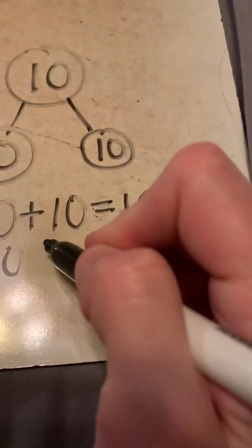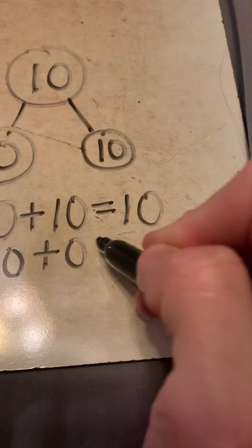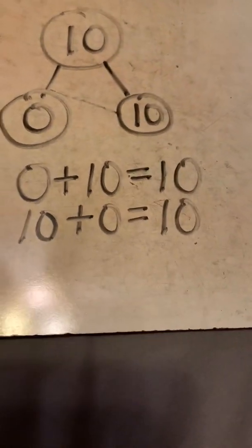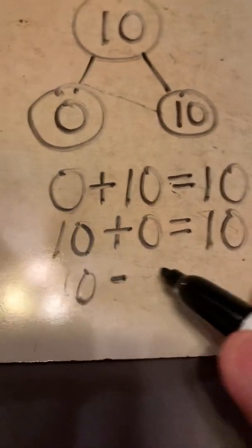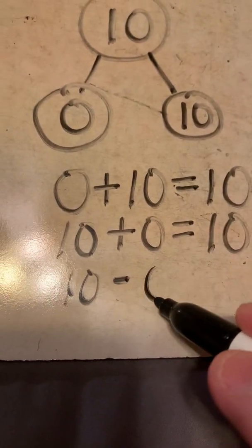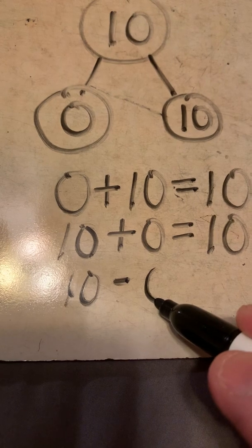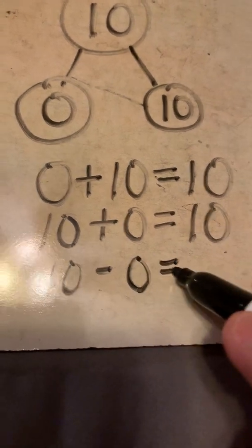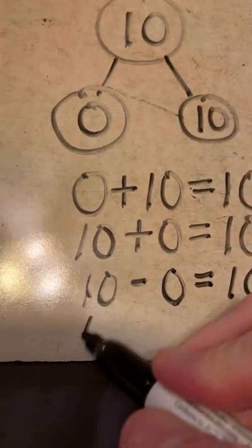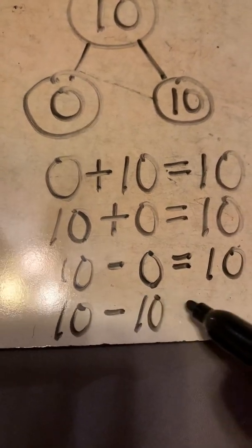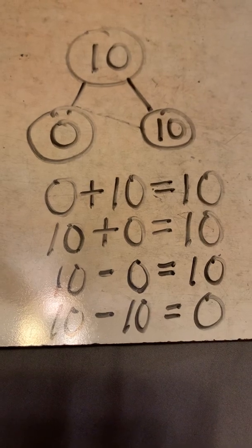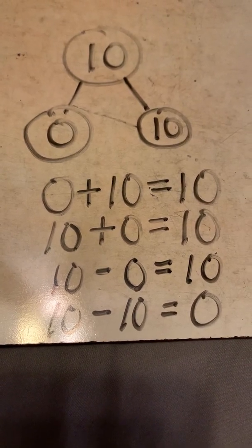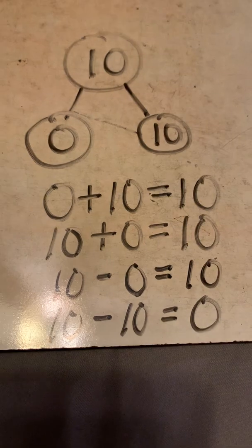And 10 plus 0 equals 10. 10 minus 0 equals 10. And 10 minus 10 equals 0. Oh, very interesting. Very interesting. All right. So that's a fact family.